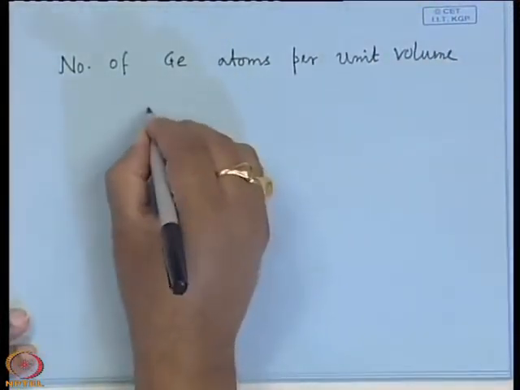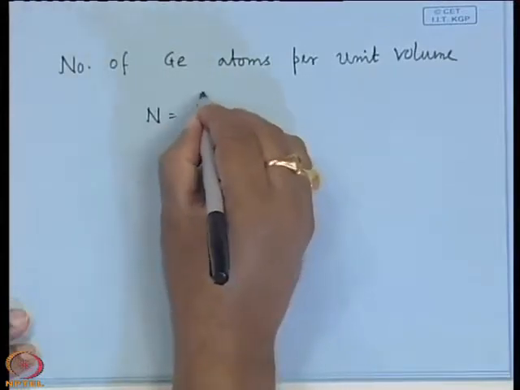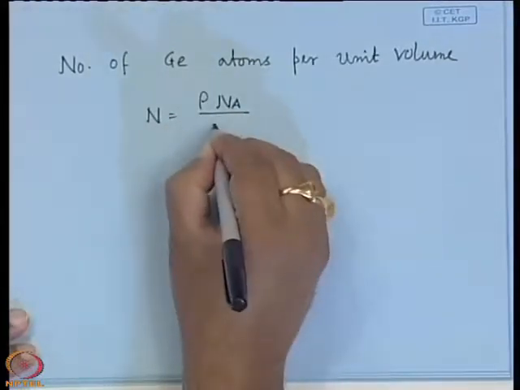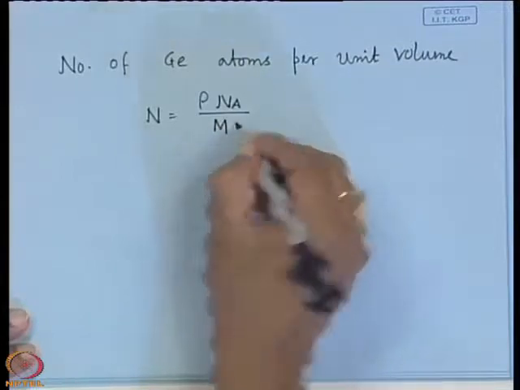It is given by n equals rho Na by m, where m is the atomic mass.